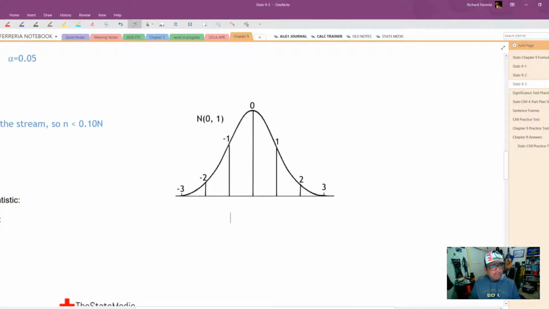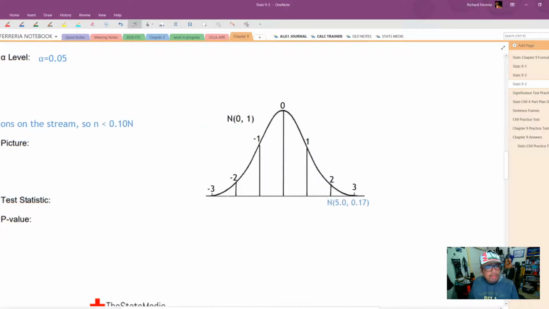Over on the bottom, we're going to label the mean and standard deviation of our sampling distribution. The bottom numbers are going to be from a normal distribution of 5 and 0.17. Next, you're going to label your mean and your x bar.